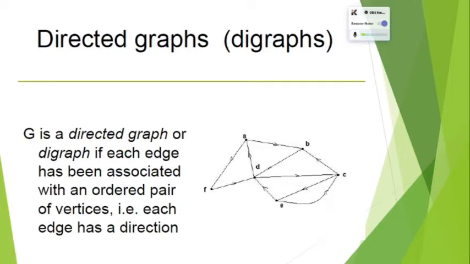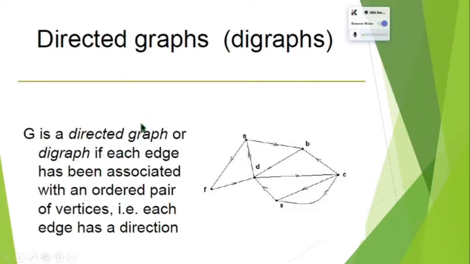Now, directed graphs, or digraphs: G is a directed graph, or digraph, if each edge is associated with an ordered pair of vertices. For example, each edge has a direction. That is a directed graph. Of course, it has an arrow, a certain direction, showing where the vertex is going to.